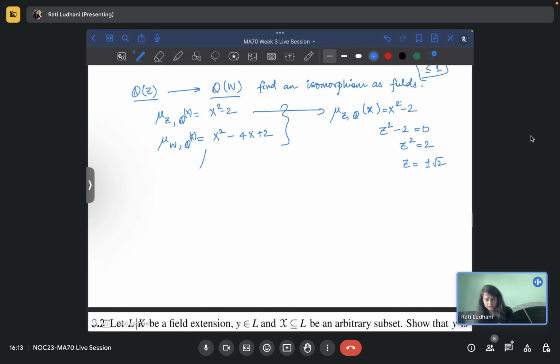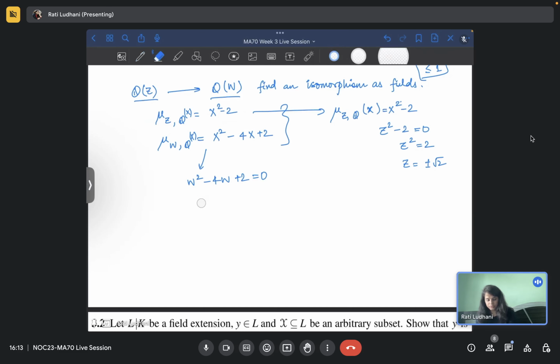And what about this? W² − 4W + 2 = 0, because a minimal polynomial is from the kernel, so that is the generator of the kernel. So this W should satisfy this equation.